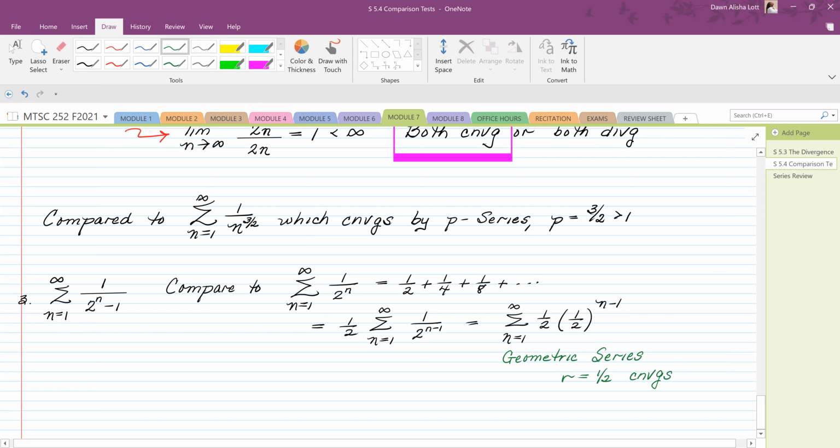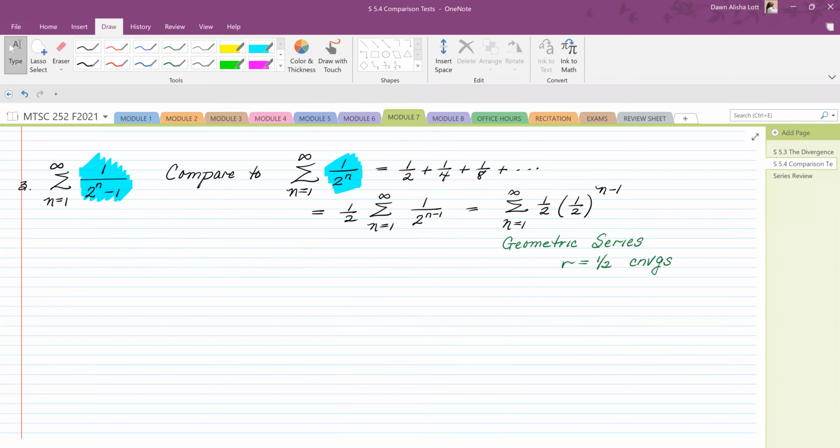Do you guys see how they look alike? If n is really, really big, we don't care about that minus 1, so they virtually look alike.